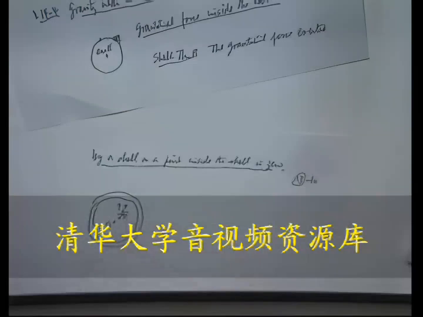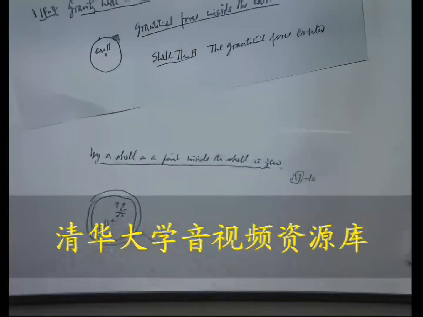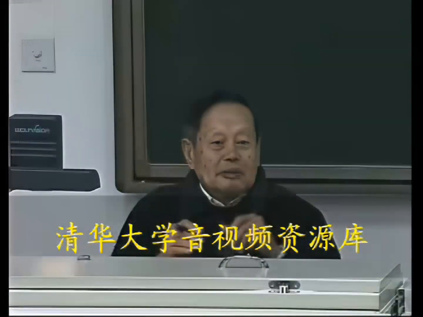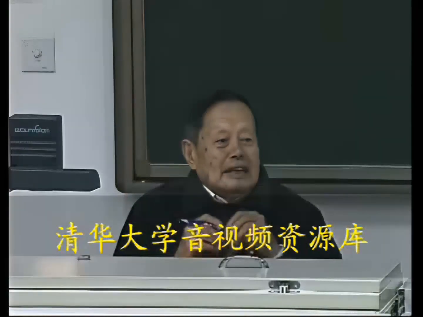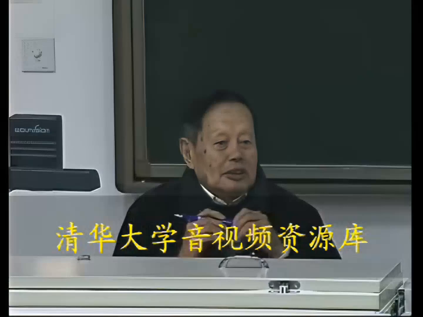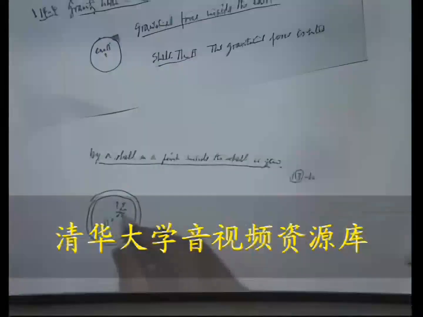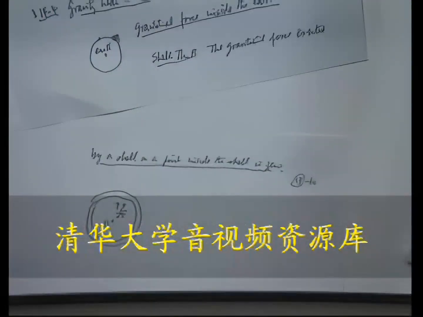So in all directions, it's obvious that the force exerted in the center is zero because it's spherically symmetrical. So every force is balanced by another force equal and opposite to it. But for a point not in the center, it is not obvious that it's equal to zero. But Newton had proven that it is equal to zero, so it's also called a shell theorem.